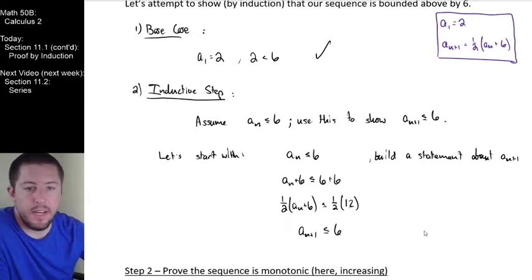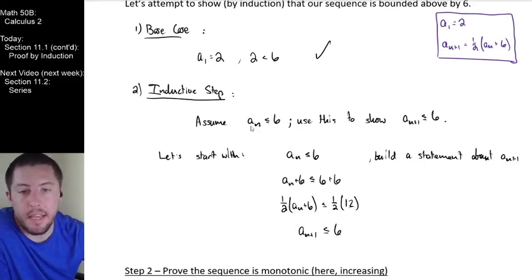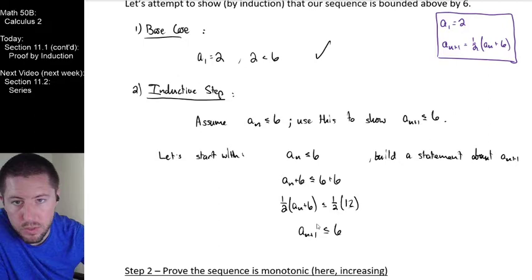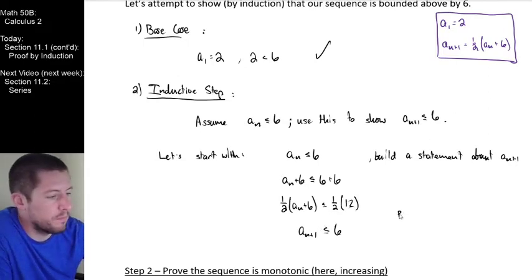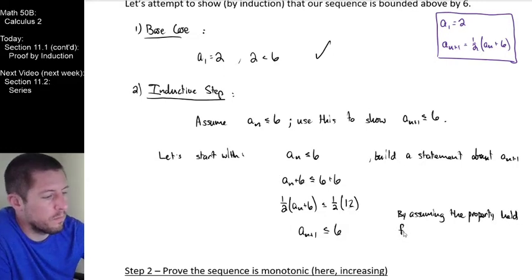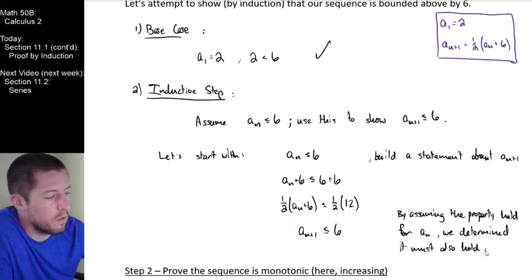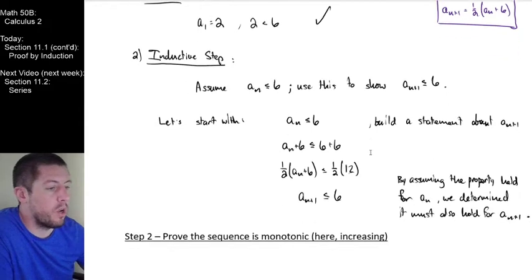Well, there we go. It looks like we did it. By assuming the n case was true, we were able to show that the n plus 1 case was true. All right, so we did it.